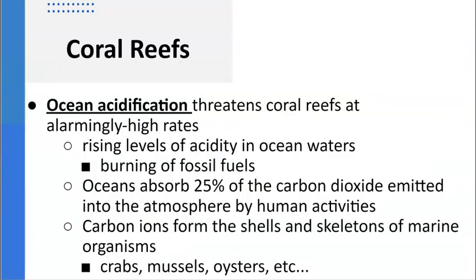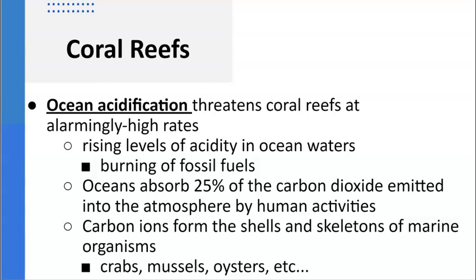Ocean acidification also is going to threaten coral reefs at alarmingly high rates. Ocean acidification is caused by rising levels of acidity in ocean waters. And how that happens is actually by the ocean absorbing carbon dioxide.